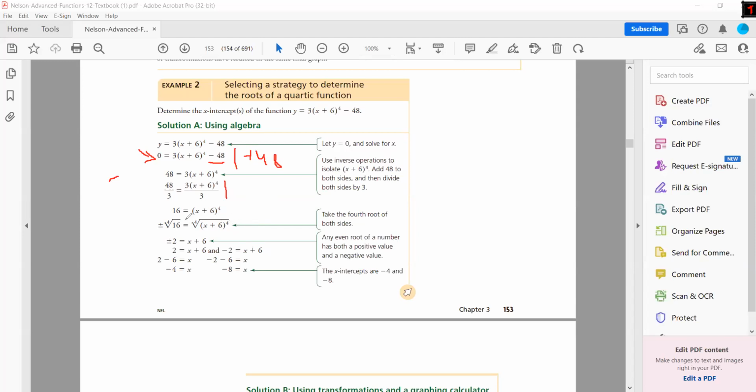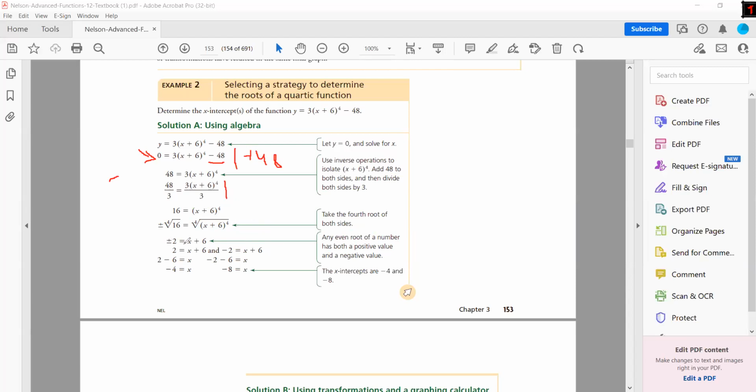If we take a root of fourth power, the outcome could be plus or minus 2, for example, because negative 2 to the fourth power gives us 16, and positive 2 to the fourth power gives us 16 as well. So after getting rid of this fourth degree exponent, we are left with plus minus 2 equals x plus 6. Any even root of a number has both a positive value and a negative value.